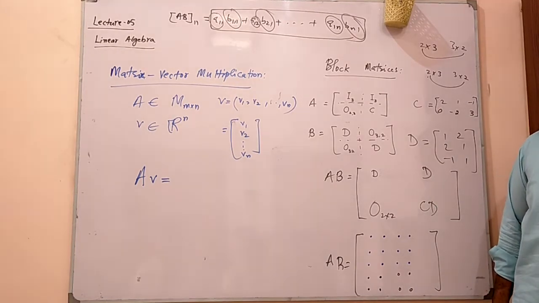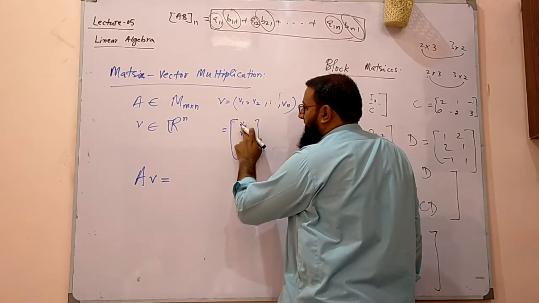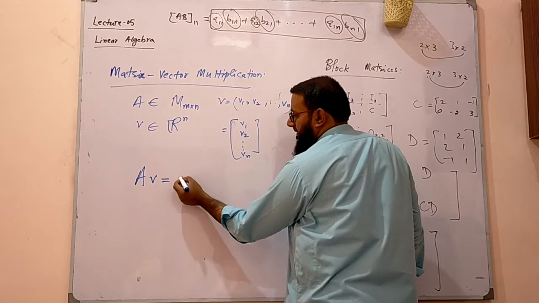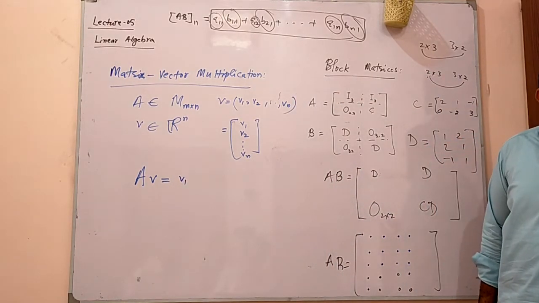How to define it? The definition is: take the first entry, V1. It's a number.